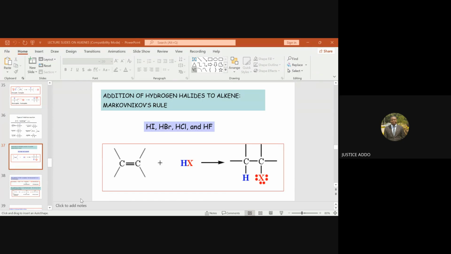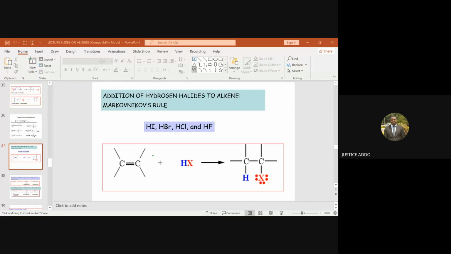If you do the opposite, then we call it anti-Markovnikov. We will later find out the rationale or the significance behind Markovnikov's rule.